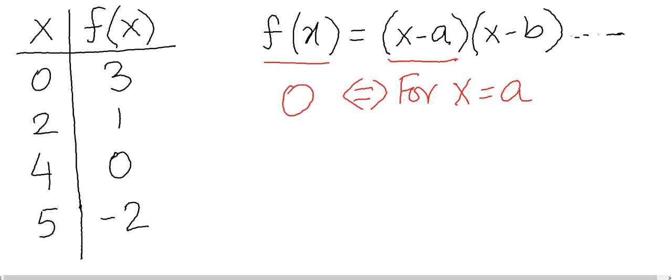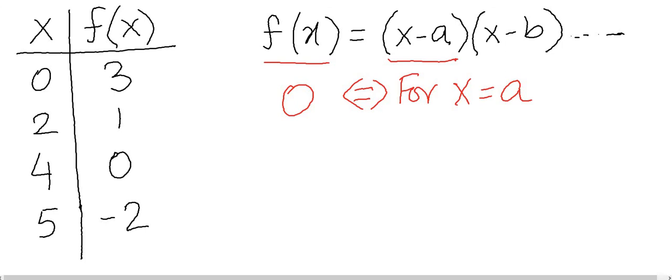So fx, the function of x, is 0 when x equal to a. So for x minus a to be a factor, when you plug in x equal to a, the function should be 0. So now let's look at the solutions for the different options.